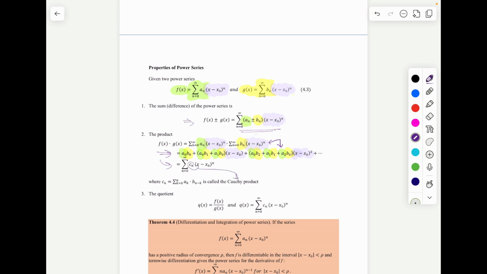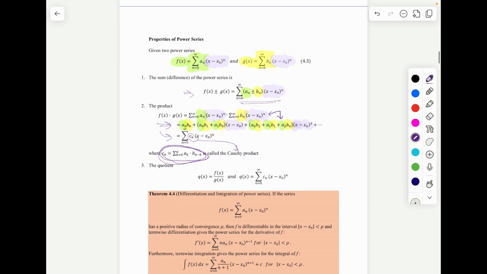That is, this c_n is equal to this form of series. It can be generalized this way for the c_n. And then for the quotient, we have also the Cauchy quotient, instead of the Cauchy product.